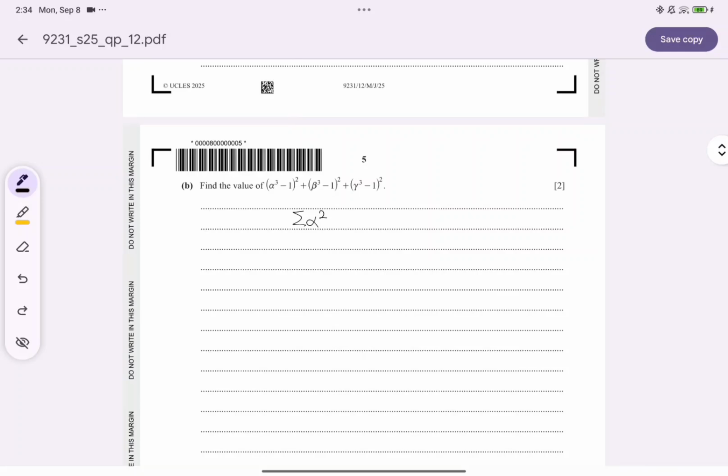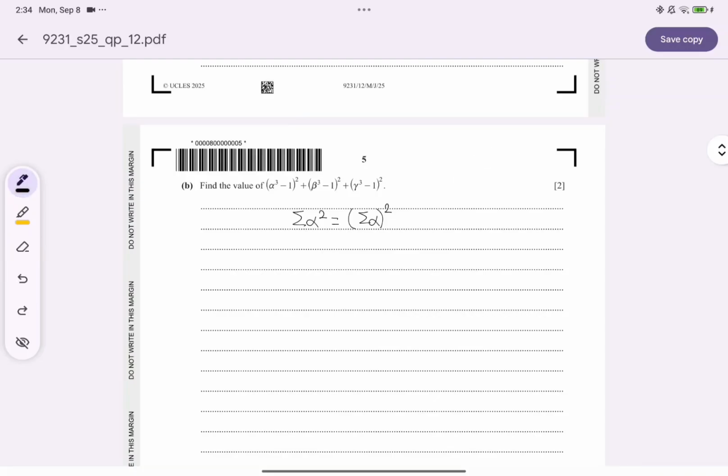And there is a formula for this. The formula is sigma alpha bracket squared. By the way, sigma alpha is just the sum of roots, so in this case it's alpha cubed minus 1 plus beta cubed minus 1 plus gamma cubed minus 1. So this is just a sum of roots, please take note of that.